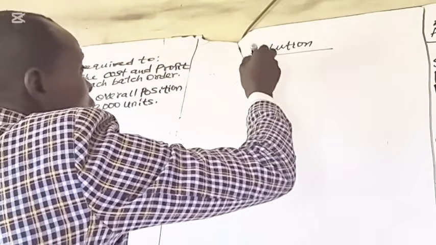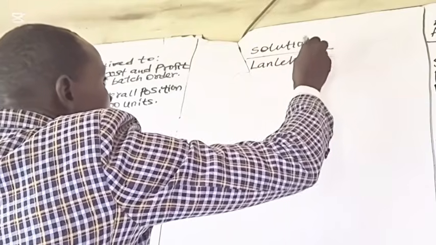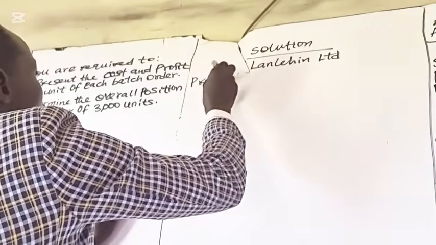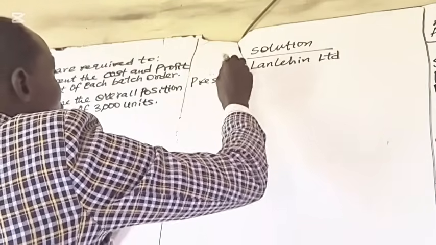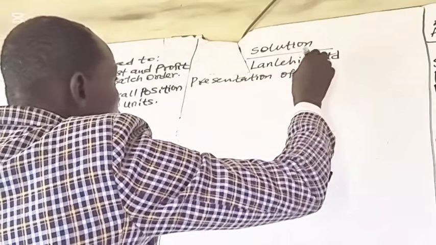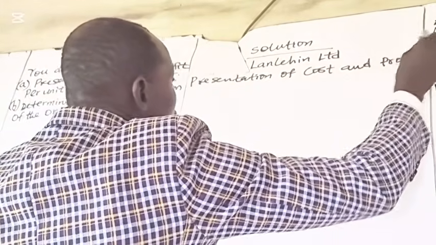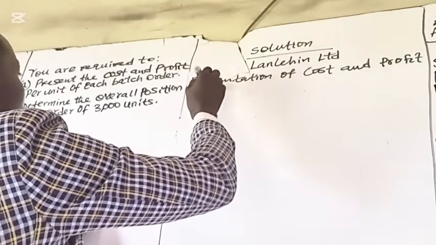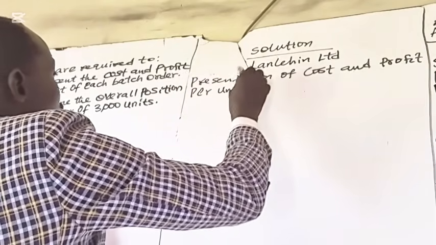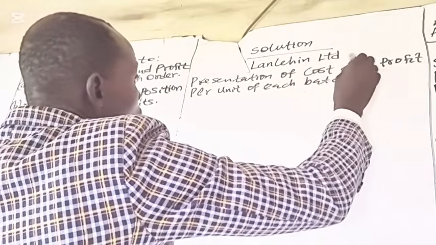The name of the entity is Lanlehin Limited. Presentation of costs and profit per unit of each batch order.